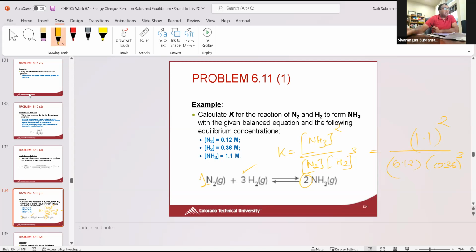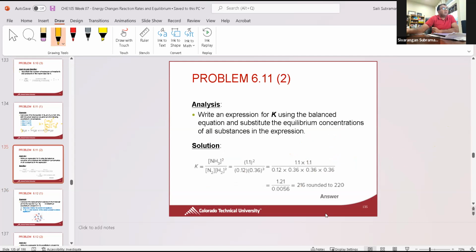When you do this math, you'll get the equilibrium constant as 216. So 1.1 times 1.1, divided by 0.12 times 0.36 times 0.36 times 0.36. When you solve this mathematically, you'll get 216, rounded to 220. So this, I would say, is significantly greater than 1. In other words, you're going to have 220 times more formation of products compared to the reactants for this chemical equation.